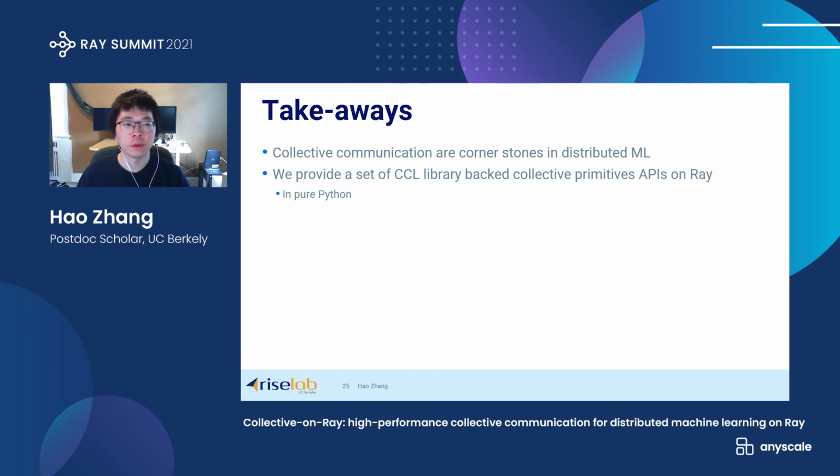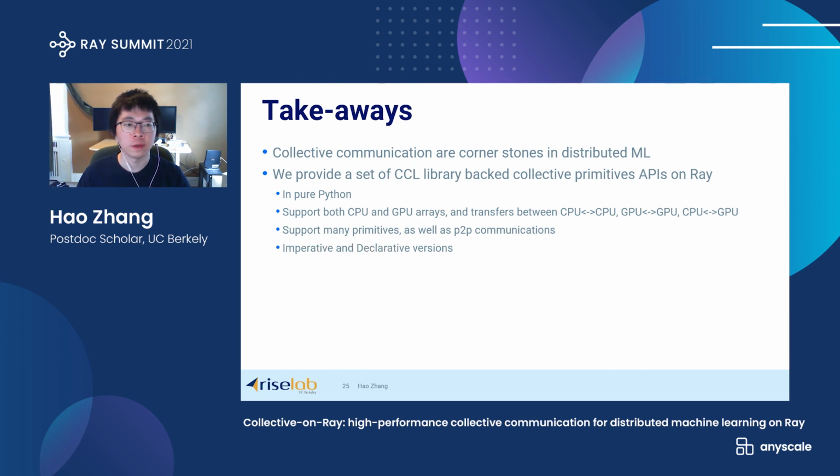For example, they are in pure Python, very easy to program and use. They support CPU and GPU arrays, and they also support transfers between CPU, GPU, and CPU to GPU. They also support many primitives, as well as P2P communications. And we provide both imperative and declarative versions of them.